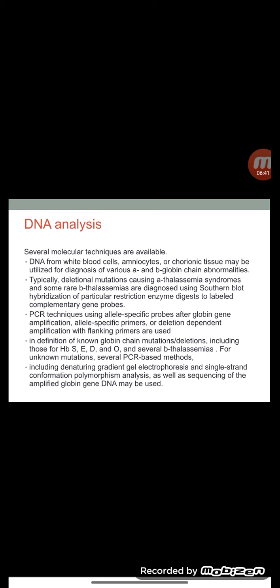In definition of known globin chain mutations, deletions including those for HbS, E, D and O and several beta thalassemias. For unknown mutations, several PCR based methods including denaturing gradient gel electrophoresis and single strand conformation polymorphism analysis, as well as sequencing of the amplified gene DNA, may be used.